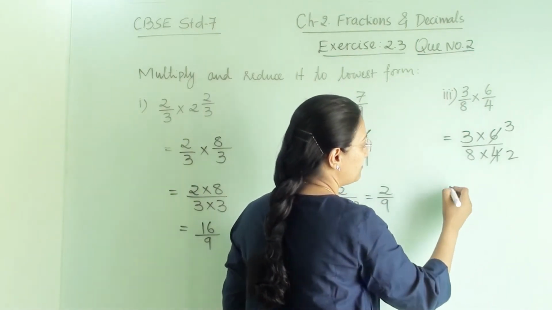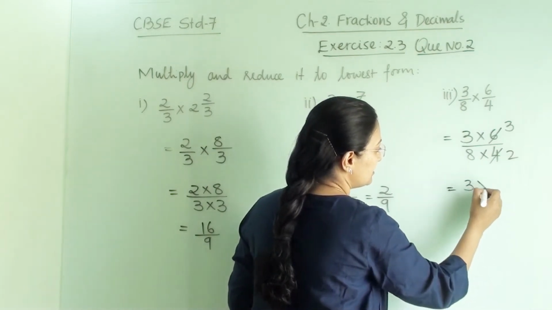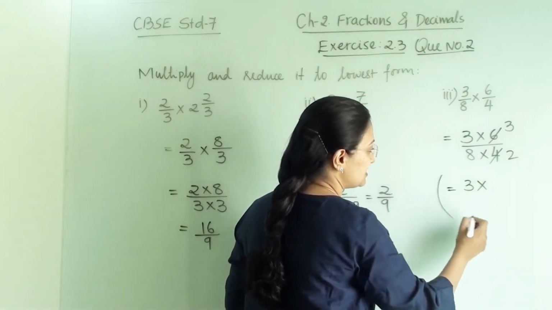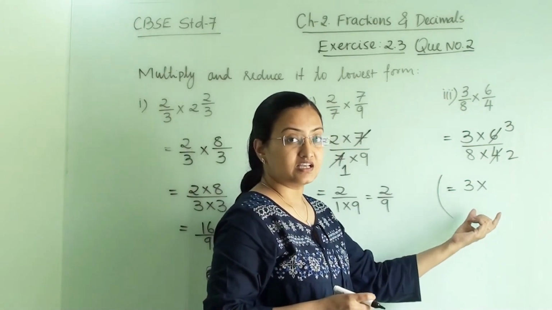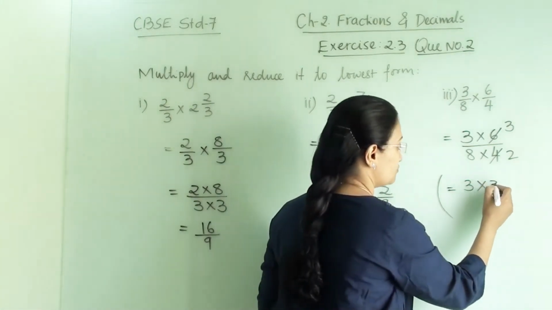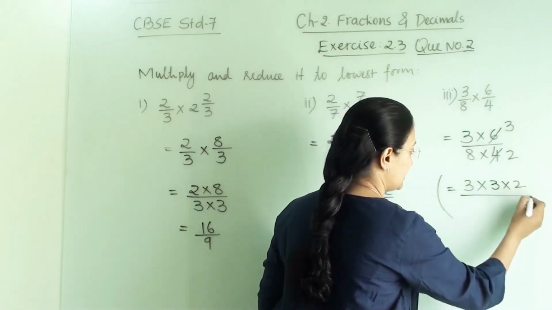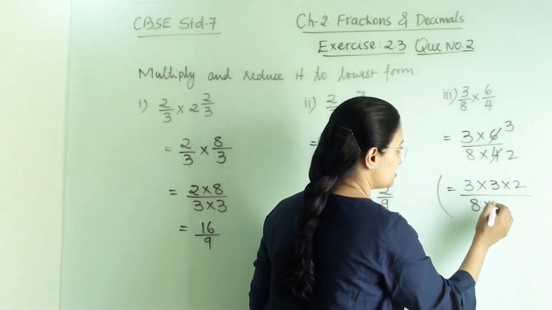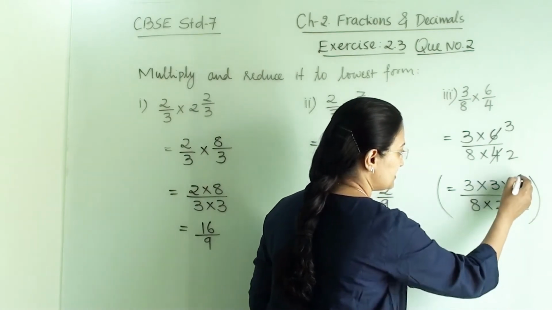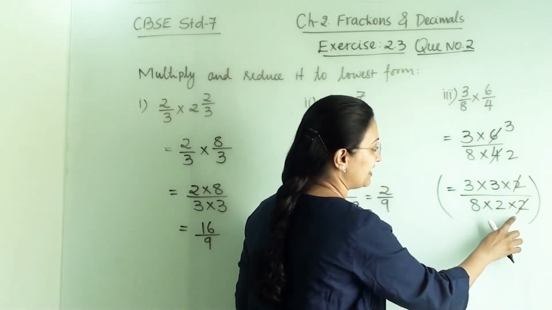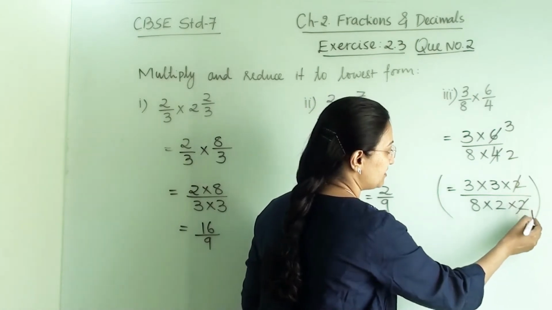Now let us see how I have done that. This step is not necessary; this is just for your explanation. Now here instead of 6 I am writing 3 into 2. And here I am writing 8, and instead of 4 I am writing 2 into 2. So that is how 2 and 2 will get cut, and here we will get 1.